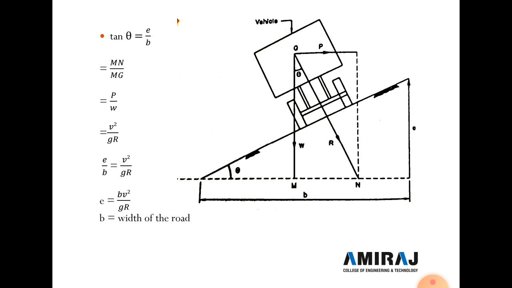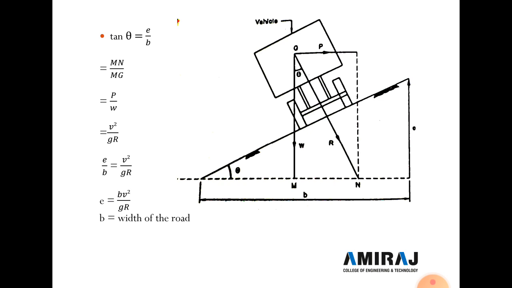Now we apply the mathematical formula for this triangle. We apply tan theta. Tan theta is the angle of super elevation, E is the super elevation, and B is the width of the road. So tan theta is equal to E divided by B. Clear?